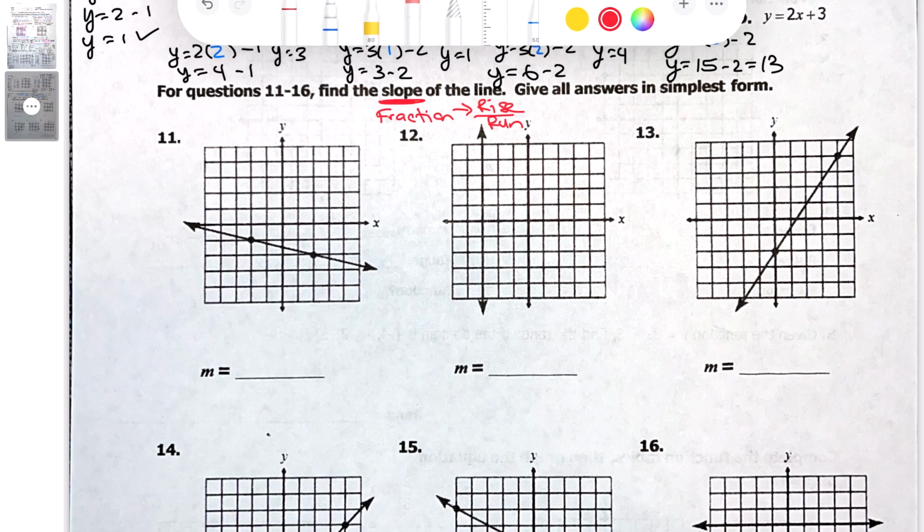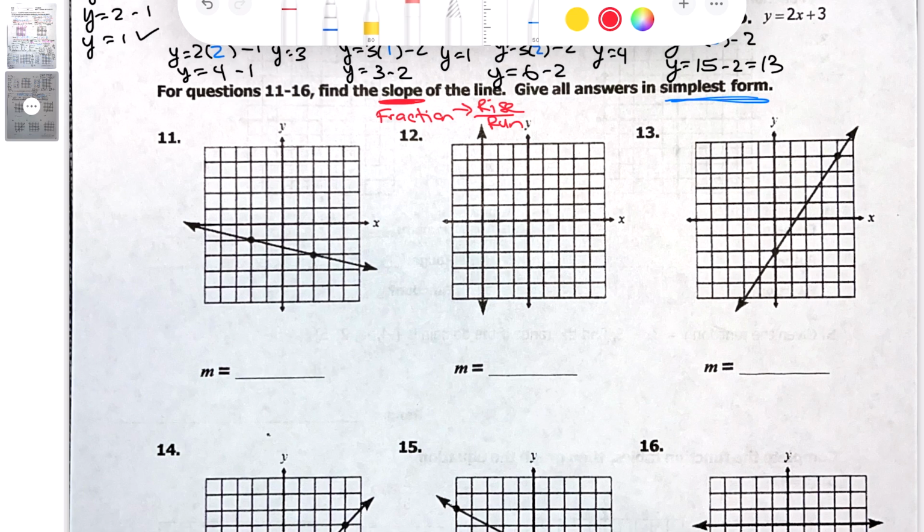That's because if you have a line that's straight up and down, we're looking at rise and run, that would mean that the run is 0, and that's the bottom of the fraction being 0, which is why it's called undefined. Simplest form also means that you need to simplify your fractions. If you don't simplify your fractions, then you don't get full credit. So that's definitely a big piece there.